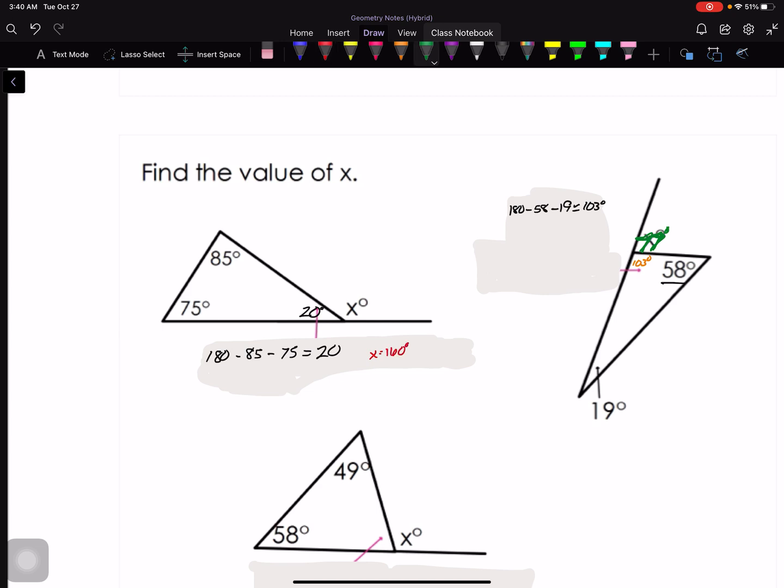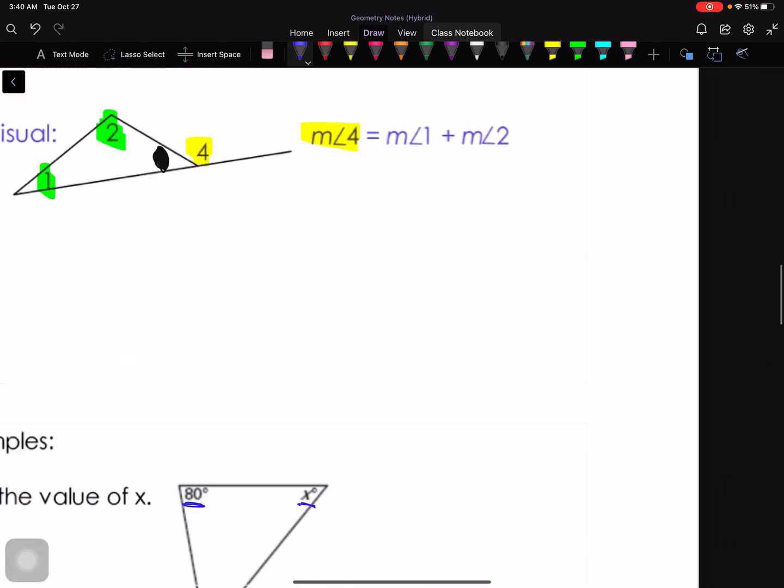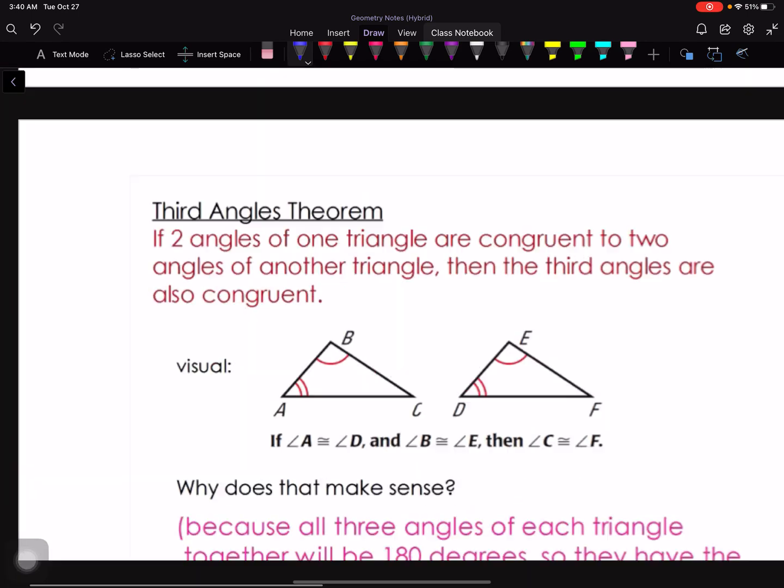So if we use the exterior angles theorem, we'll say the exterior angle equals the sum of the two non-adjacent. So that would be 85 and 75. X equals 85 plus 75. So that means x equals, and we do end up getting 160 again. So for that one example we didn't do, go ahead and practice the exterior angles theorem.